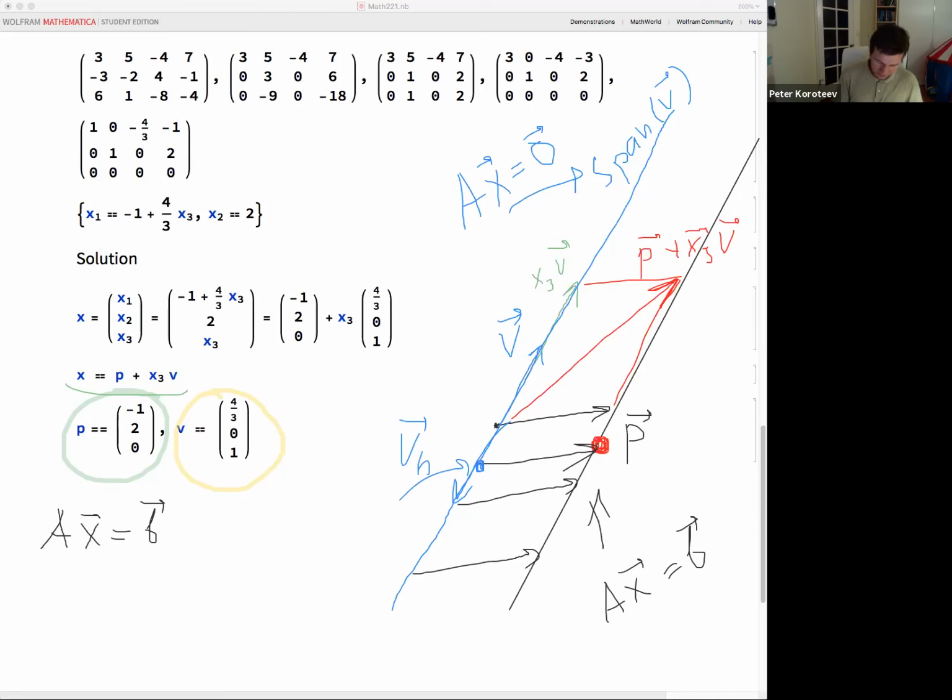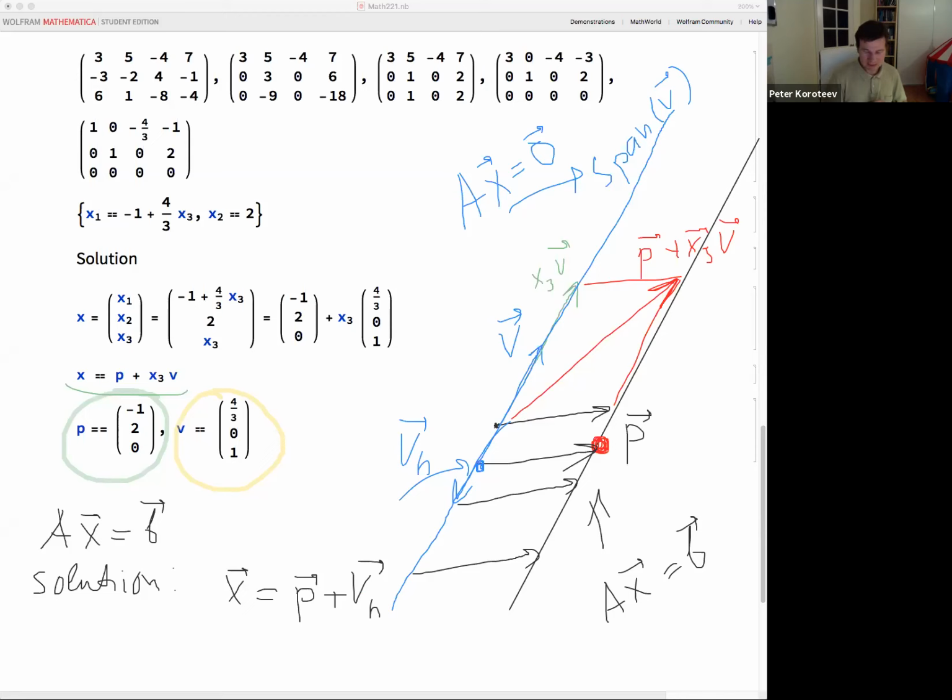So a solution of an inhomogeneous equation looks like this: x is equal to p plus vh.